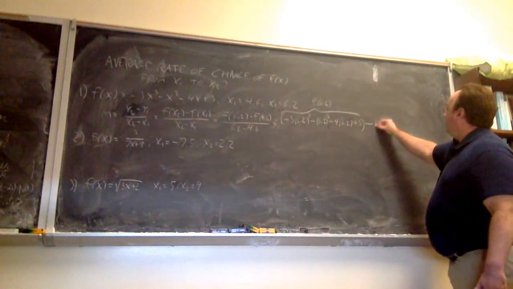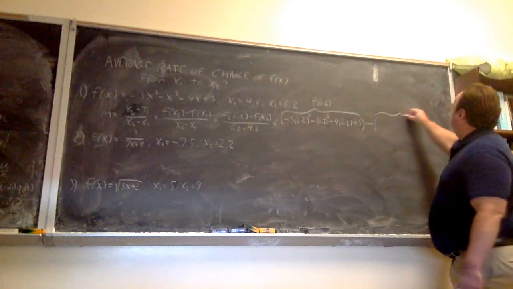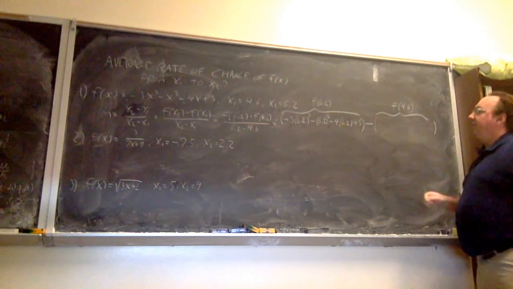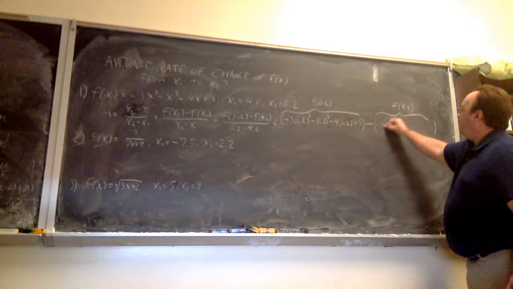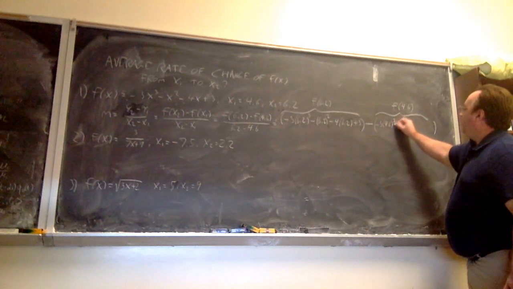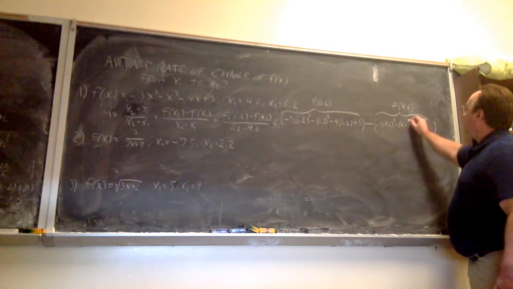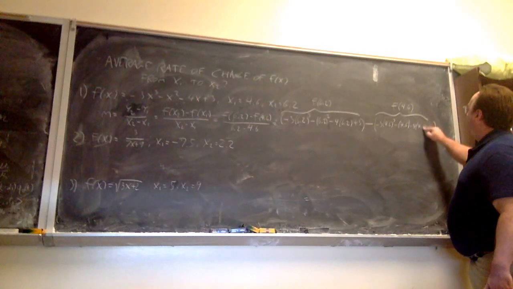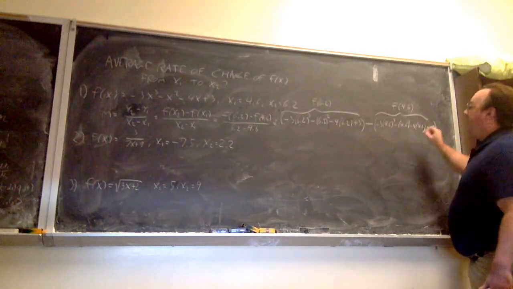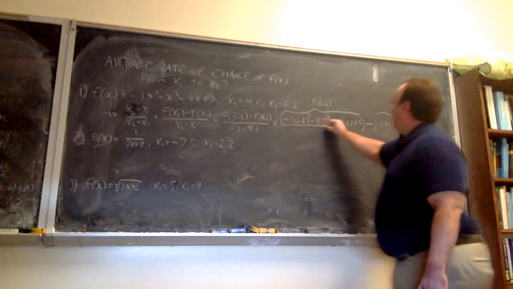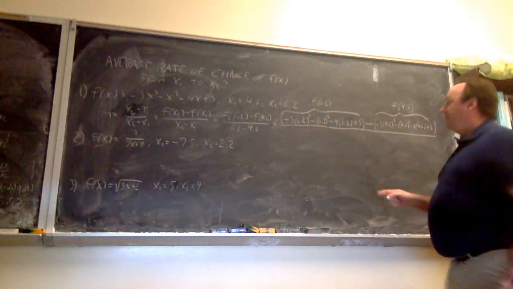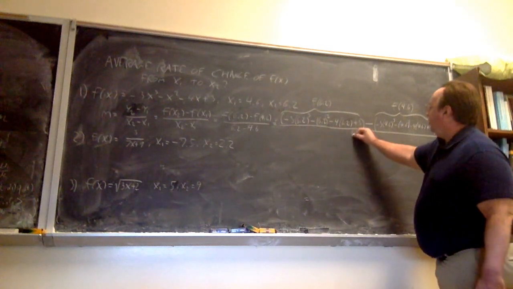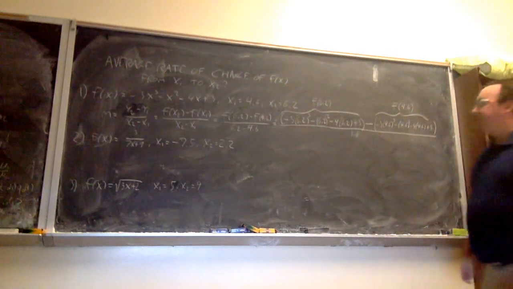And now f of 4.6 would be minus 3 times 4.6 cubed, minus 4.6 squared, minus 4 times 4.6, plus 3. And all of this is still divided by the difference in x values, 6.2 minus 4.6, which happens to be equal to 1.6.